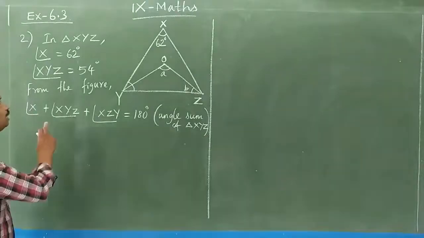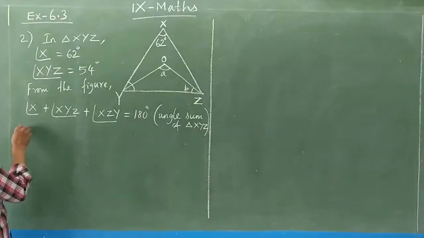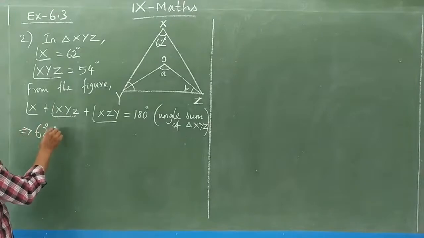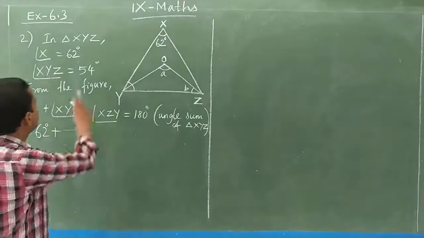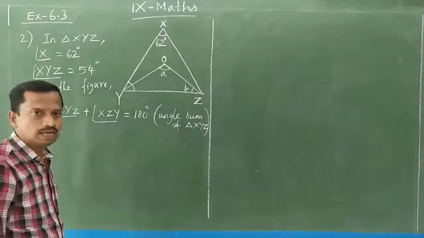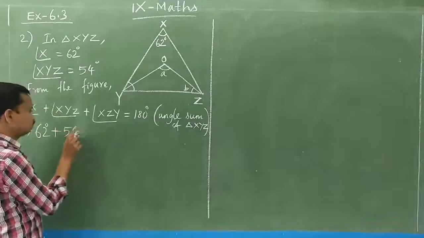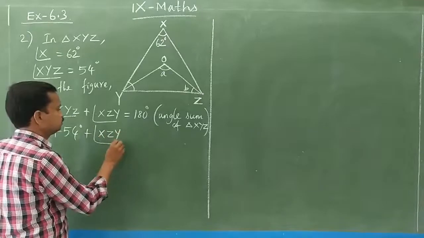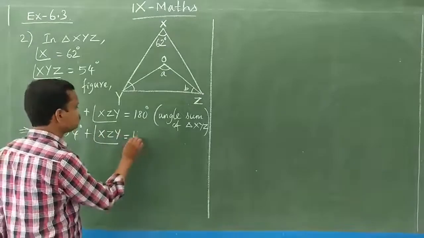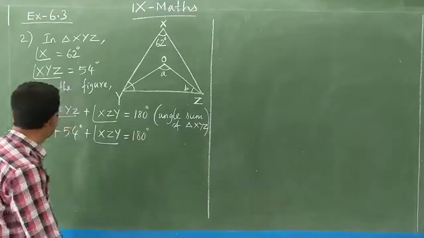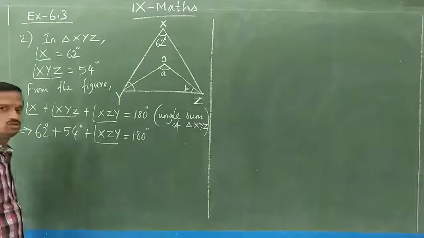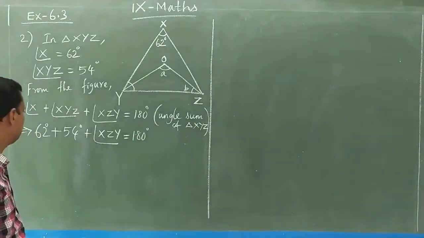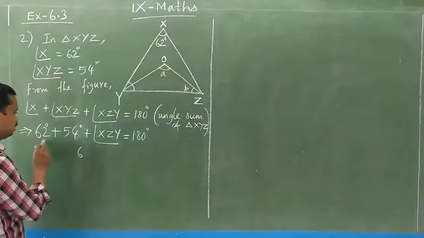And now angle X is given, that is 62 degree. So this implies 62 degree plus, and XYZ is given, that is 54 degree. So 54, and then XZY we can easily find. So this is 180.